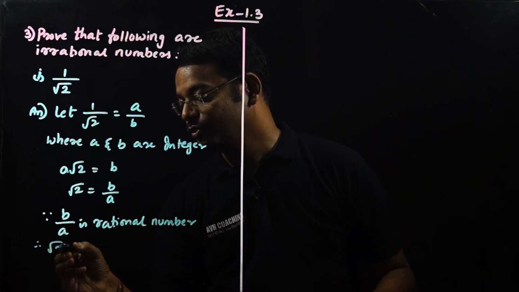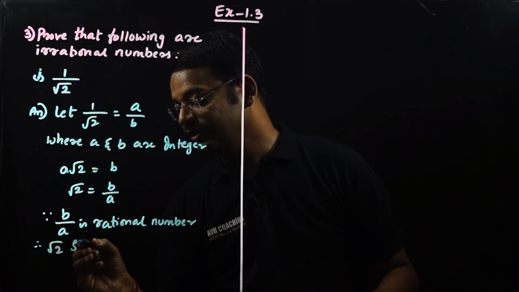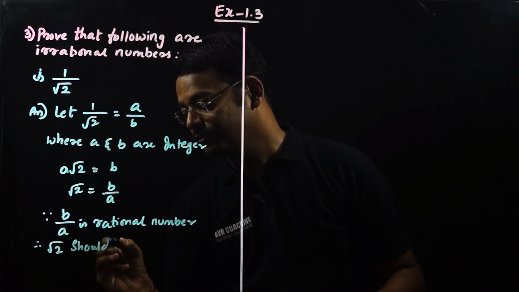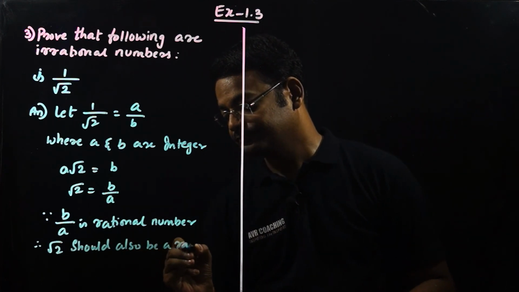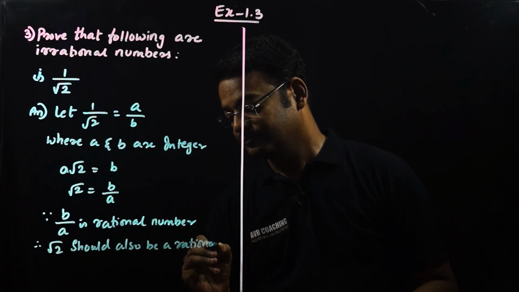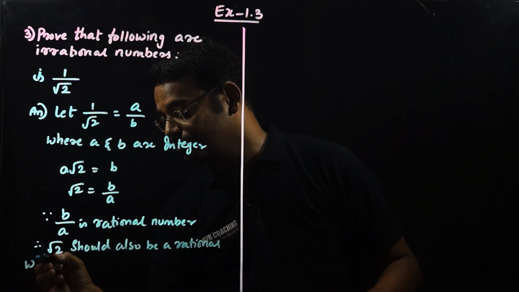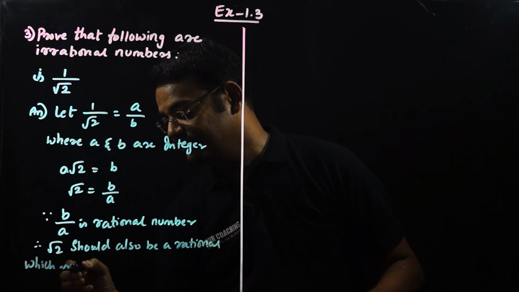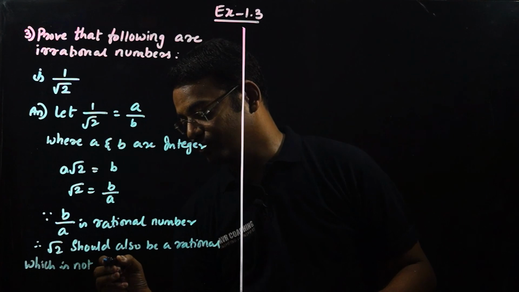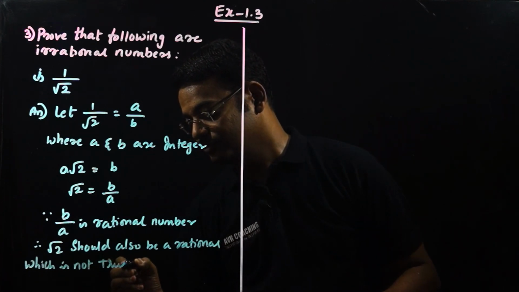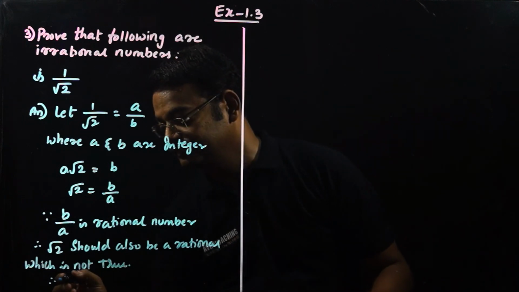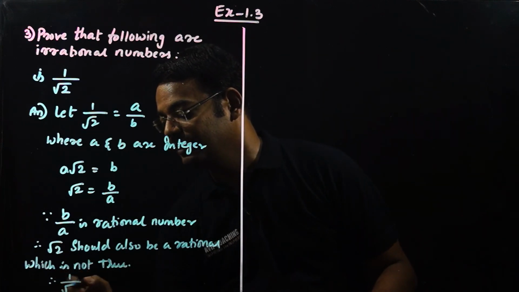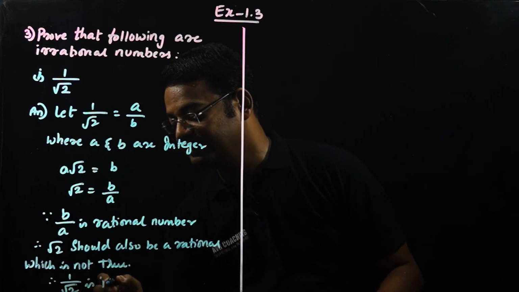Therefore root 2 should also be a rational number, which is not true. Therefore, since root 2 is not a rational number, 1 by root 2 is irrational.